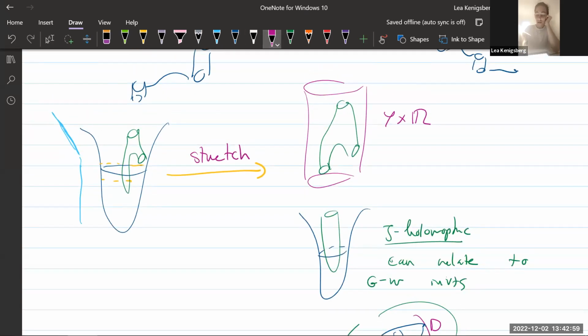So if you chose your J correctly, you can take the curves here in the upper level, and these project to the divisor.